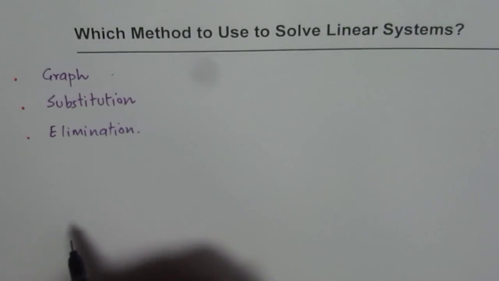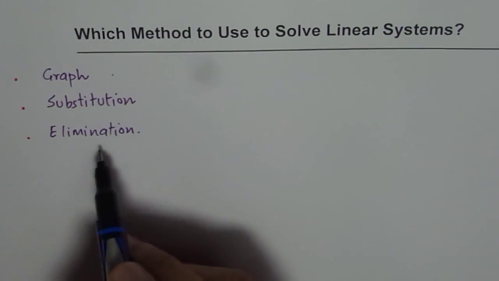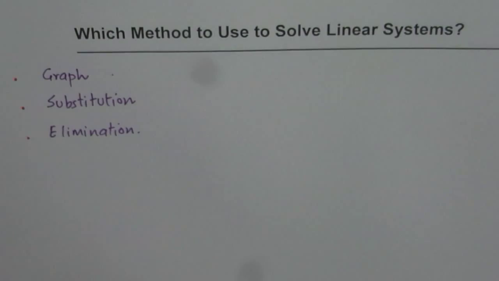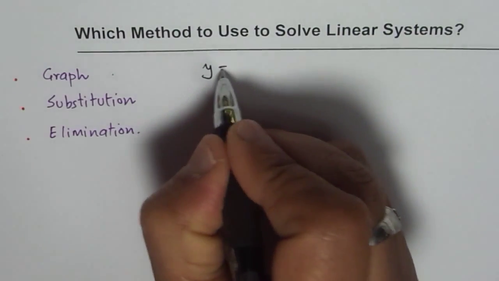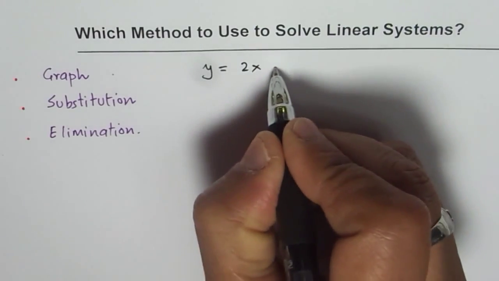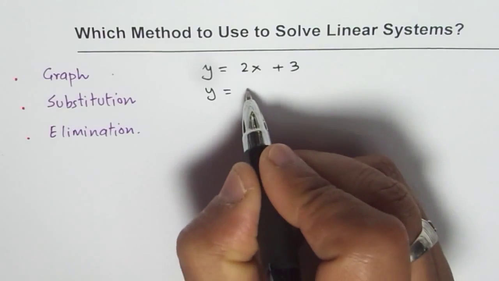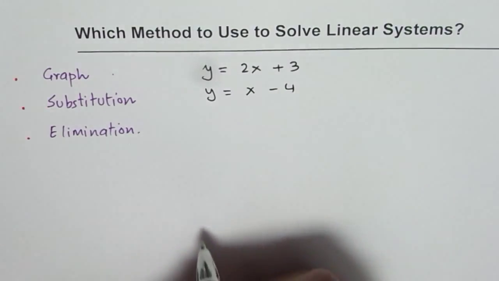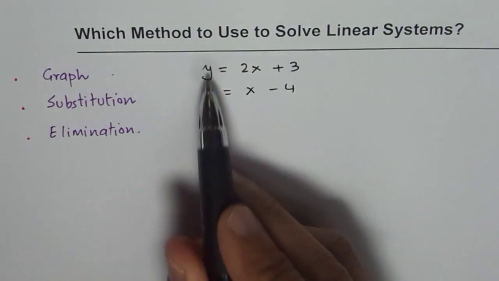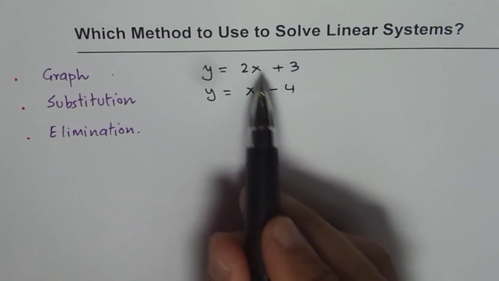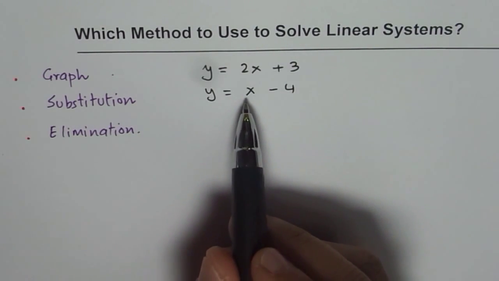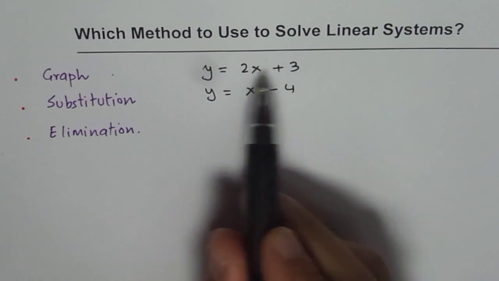Now let's look into the algebraic methods. These are two algebraic methods, substitution and elimination. Now when to use these? Let's take up cases and then we can decide. If I have an equation like y equals 2x plus 3 and, let us say, y equals x minus 4, in this question, in the two equations given to us, we already know one variable in terms of the other.